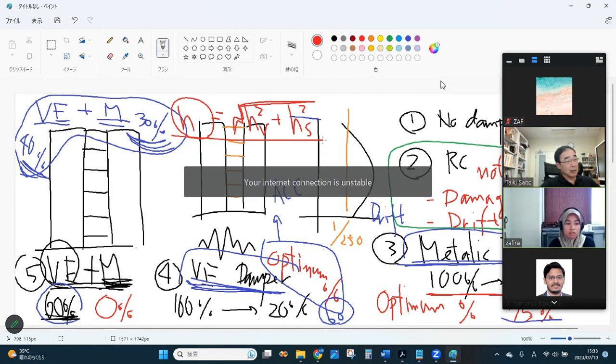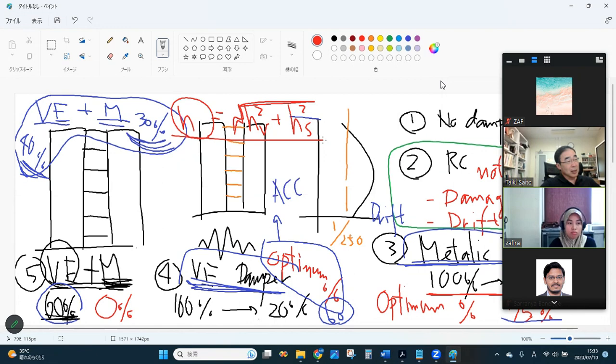Okay. The equivalent damping that we calculate from this study, Sensei, actually we use the energy. Yes. I think I can compare.